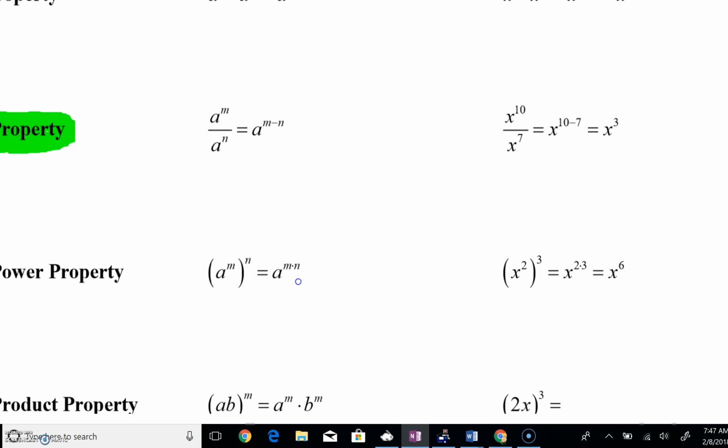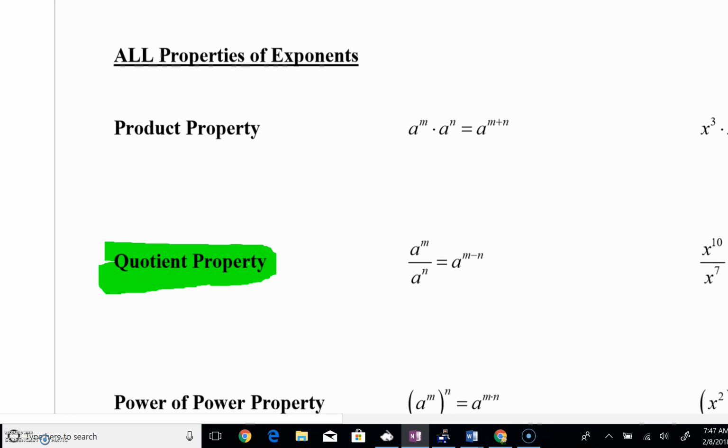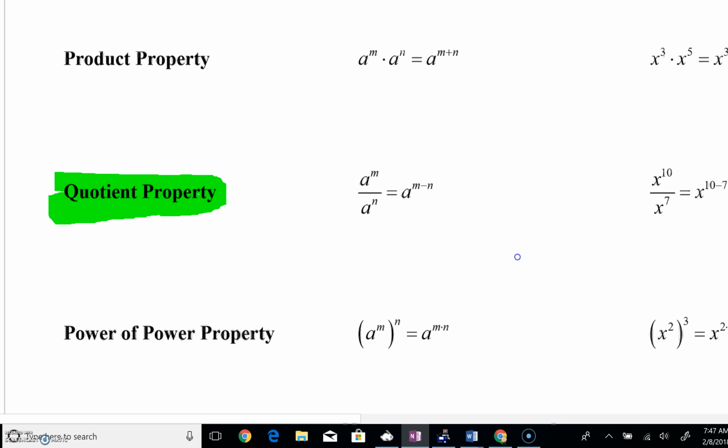The quotient property, well, we're seeing that if I gave you a to the m divided by a to the n, what you do is you take these two powers, you just write a to the m minus n. That's how you simplify it.